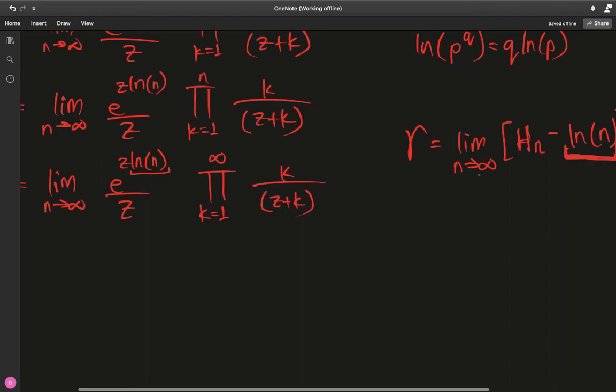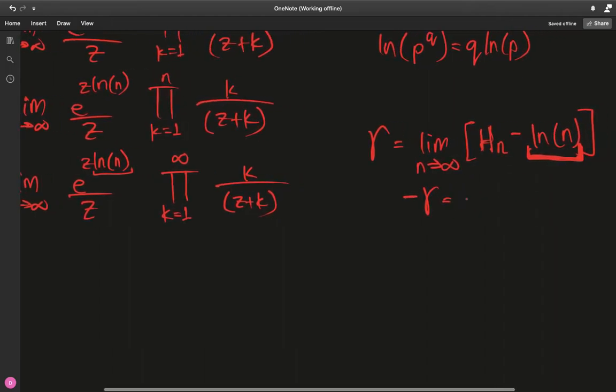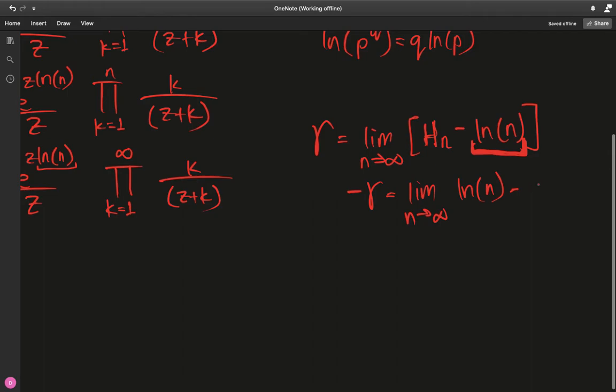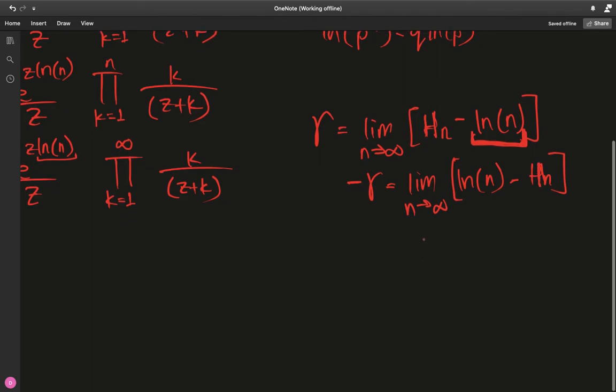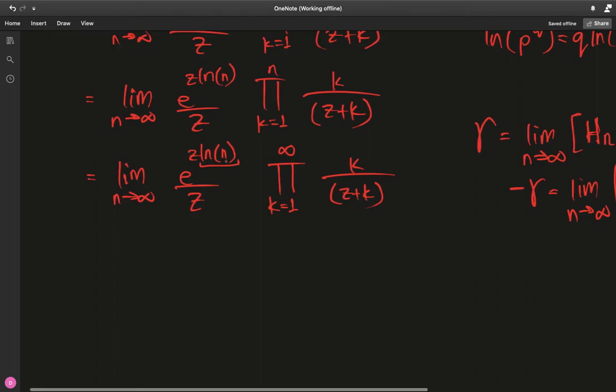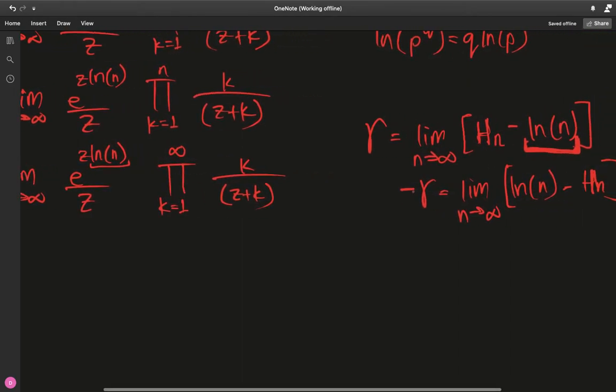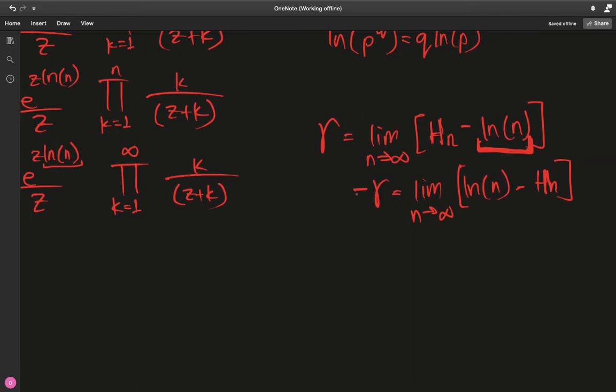So what I'm going to do is define a negative Euler-Mascheroni constant to be the limit as n goes to infinity of natural log of n minus the nth harmonic number. I can totally do that. But this natural log of n is not alone, there is a z associated with it. So don't worry, let's just multiply both sides by z.